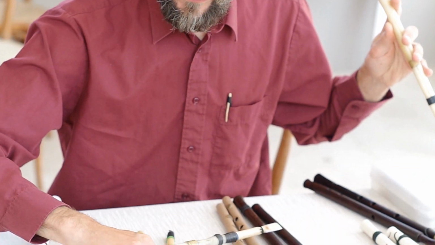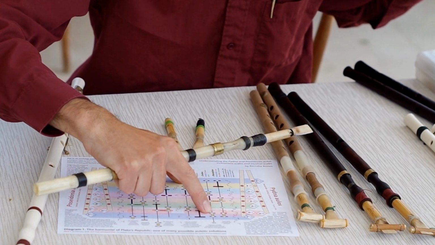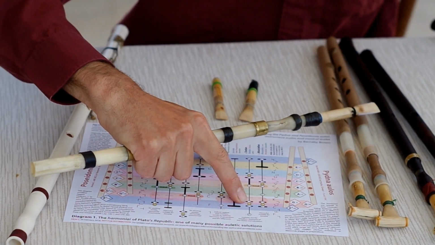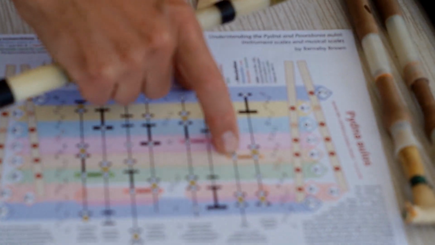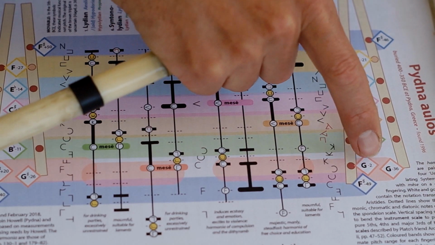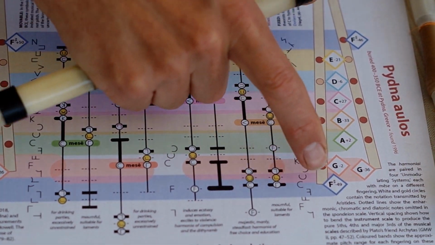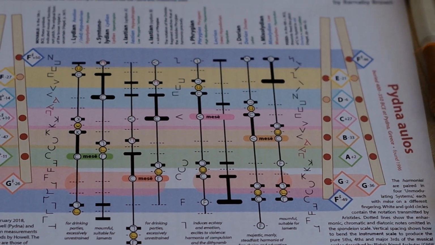So what I'm playing here is in Dorian. And we have la do da de. So we have messy, da, and then da da, and you can see that the Pidna gives it very nicely. You have a semitone down there without much embouchure manipulation.